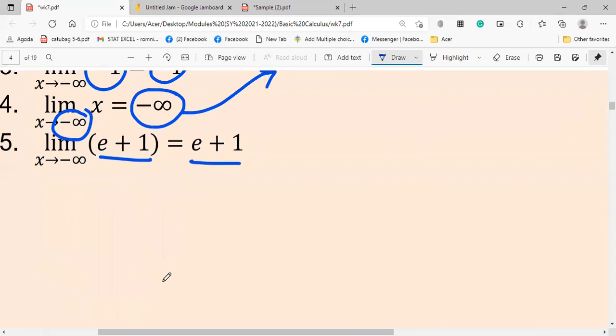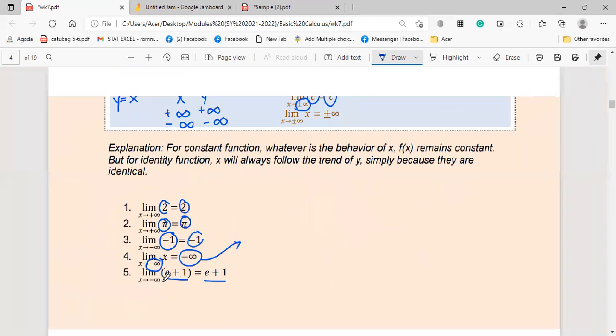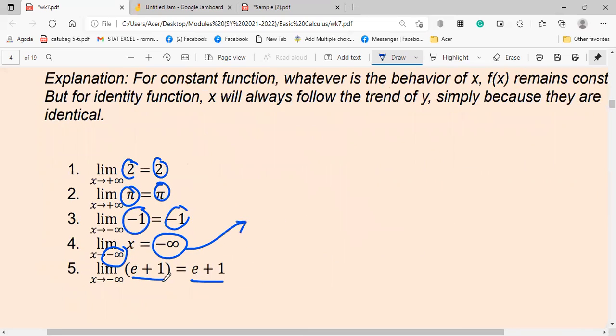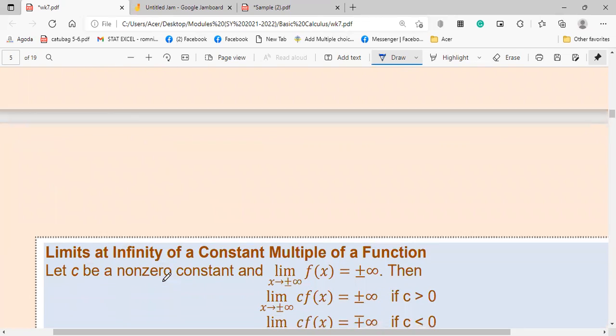We call that one the identity function. Okay? At nakikita mo, single term, monomial. Monomial pa lang ang mga ito. E plus 1 is considered to be monomial because that is considered to be a single constant. No? Okay, punta na tayo sa mga iba pang rules.